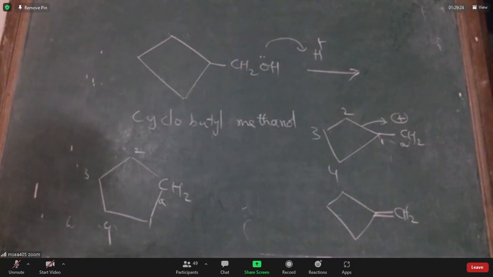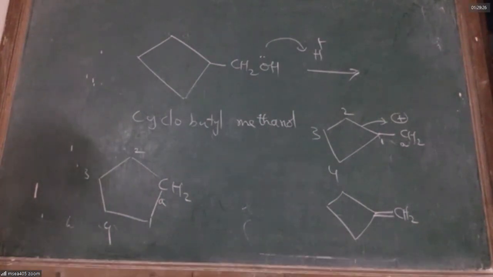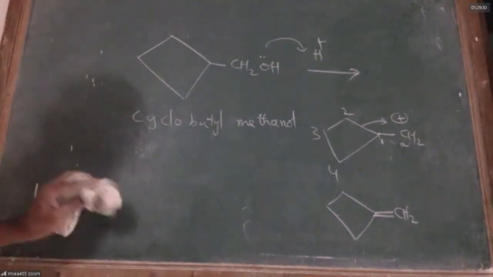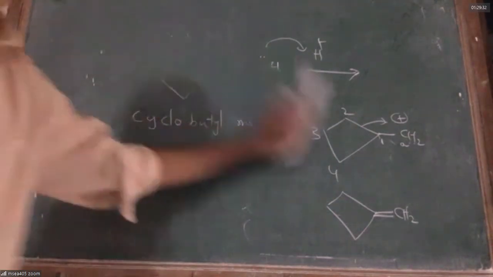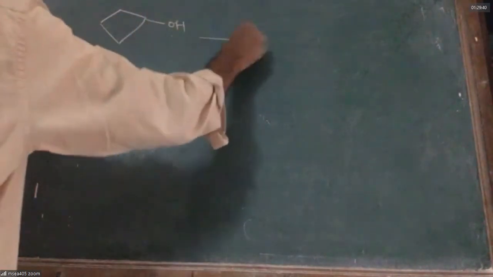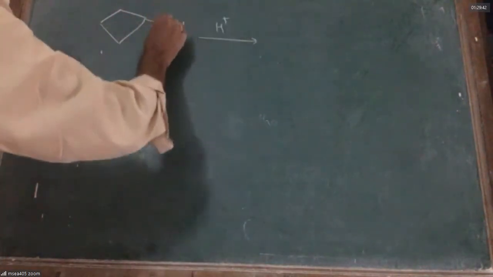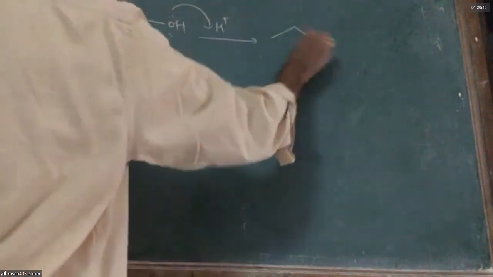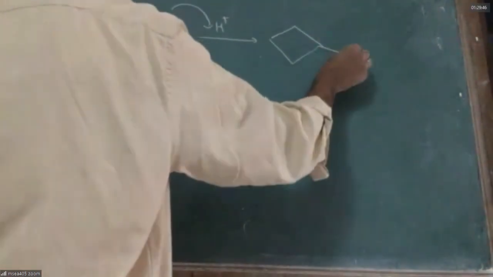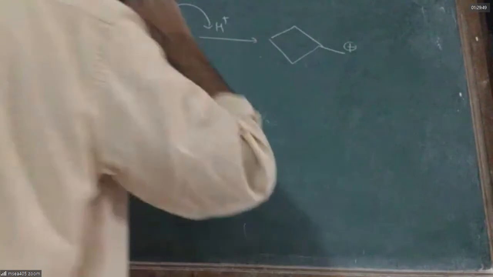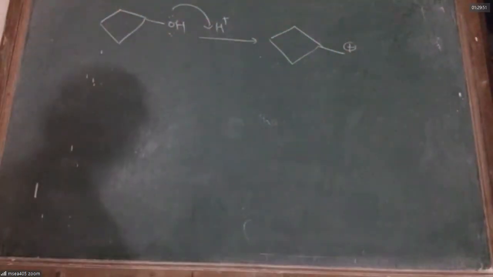Hello? Sir, once again that part, the bond shift. You are asking me again, not observing, my God. This is OH. I added a H plus. I got a carbocation here, a primary carbocation, not stable.